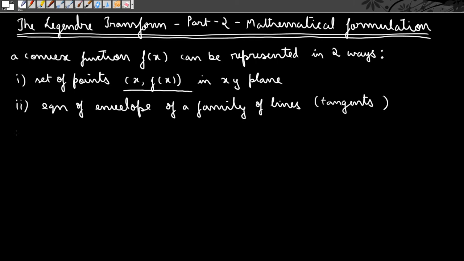Okay, now the question we are trying to answer is that if we know 1, how to go to 2, how to get 2. So this process is done by using Legendre Transform, as we have seen in part 1 of the video.